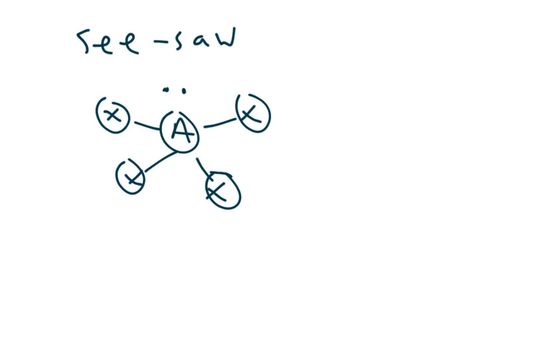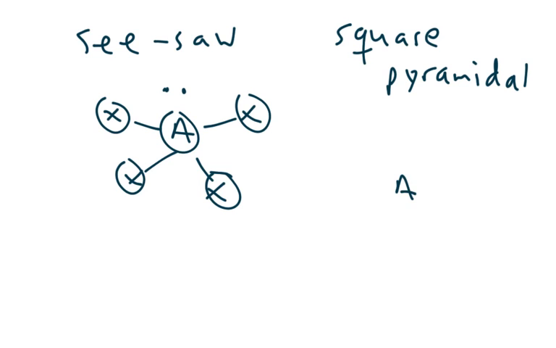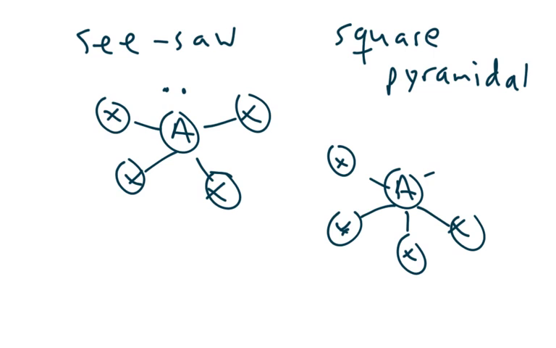Like that. Okay. We also have the square pyramidal. This one has 5 bonding: 1, 2, 3, 4, 5. And there's the symmetrical shape being distorted there.